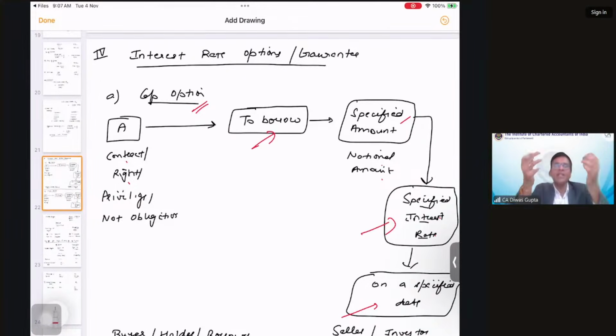Now how is it different from a forward rate agreement? Because a forward rate agreement is also giving you the contract to borrow, but there, even if the interest rate comes down, you will have to honor that commitment. But here you are not going to honor the commitment unless it is favorable to you. If it is not favorable to you, you will not enter into the execution of the contract.